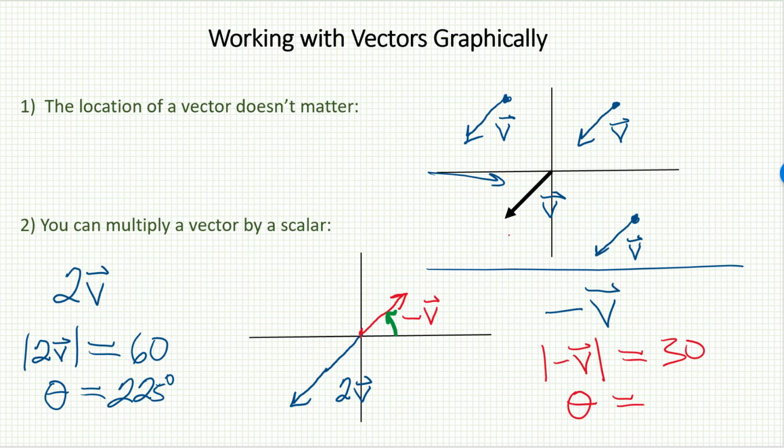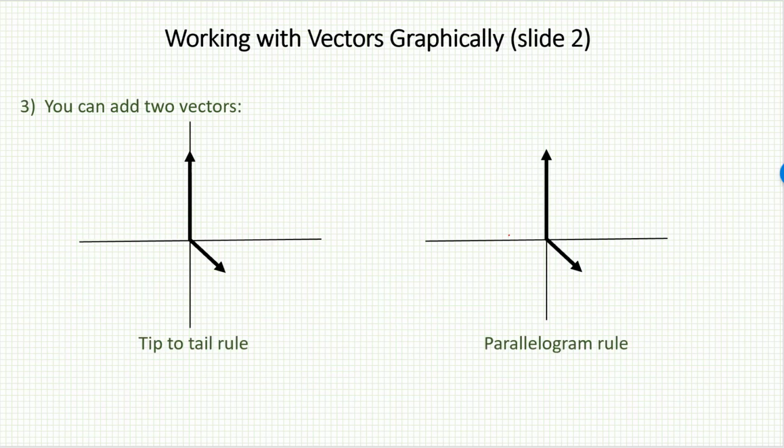You can see there that this would be a 45-degree angle. So the direction angle for vector negative v is 45 degrees. So multiplying by a scalar can change the vector's length, and if it's a negative number, it can also reverse the direction.